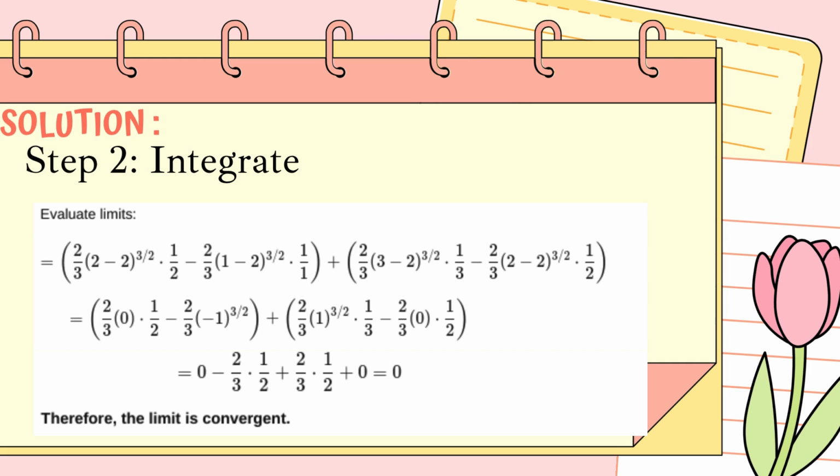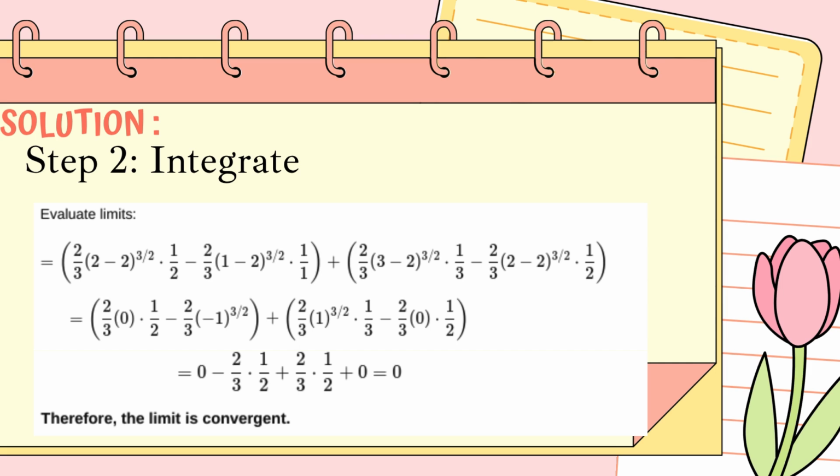We have 2 over 3 times 2 minus 2 raised to the power of 3 halves times 1 half, minus 2 thirds times 1 minus 2 raised to the power of 3 halves times 1 over 1, plus 2 thirds times 3 minus 2 raised to the power of 3 halves times 1 over 3, minus 2 thirds times 2 minus 2 raised to the power of 3 halves times 1 half.